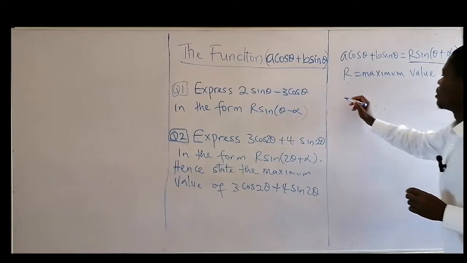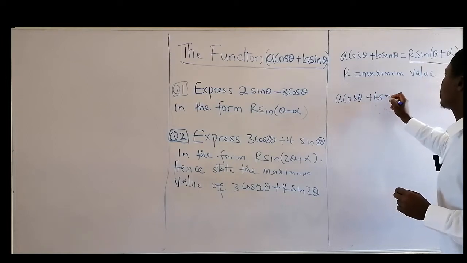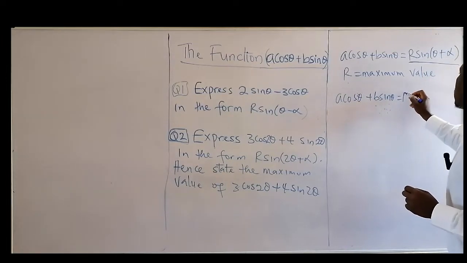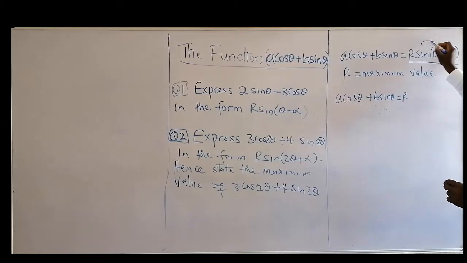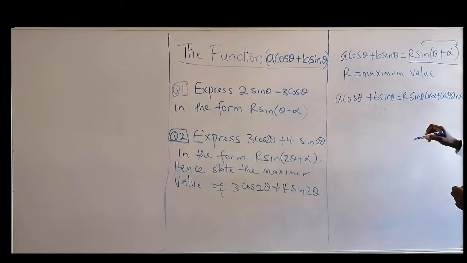It's very simple. We have a cos θ + b sin θ equal to r sin(θ + α). Can we do the expansion of this? That's the addition formula: sin θ cos α + cos θ sin α.